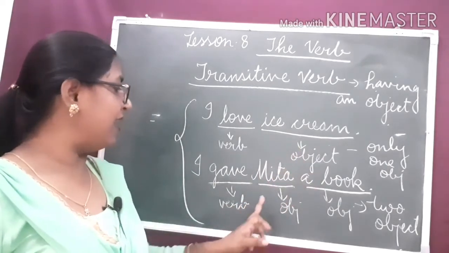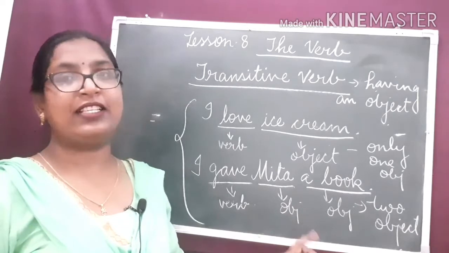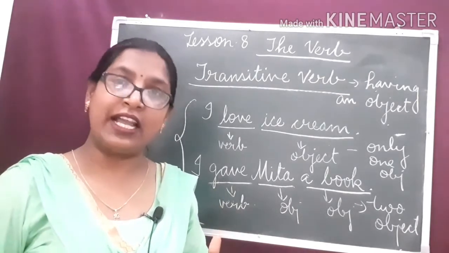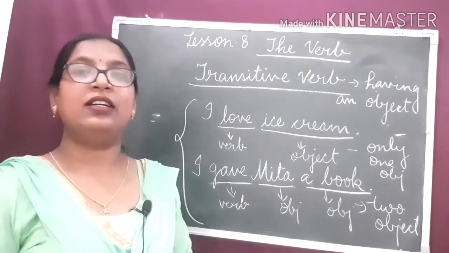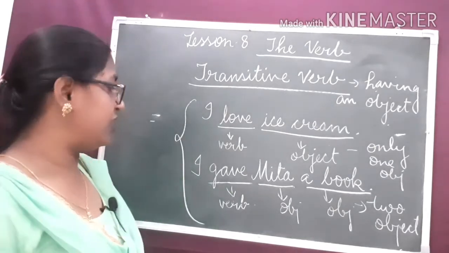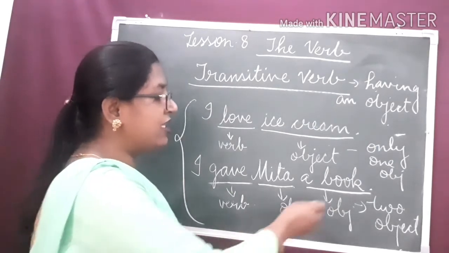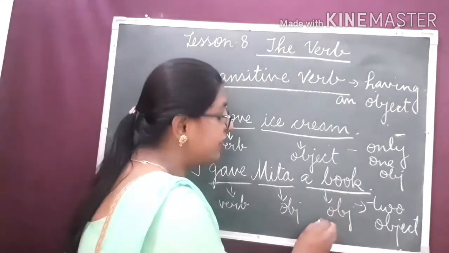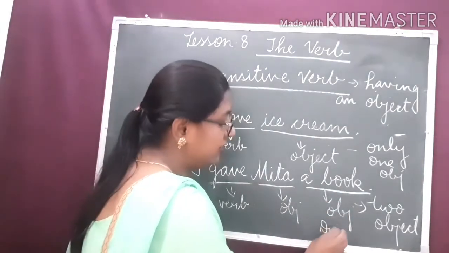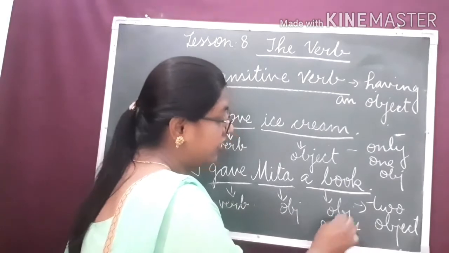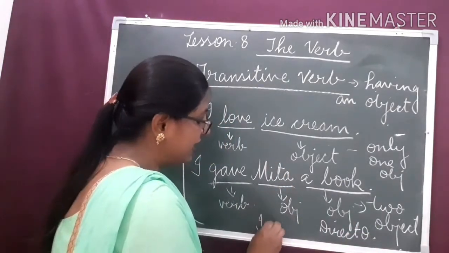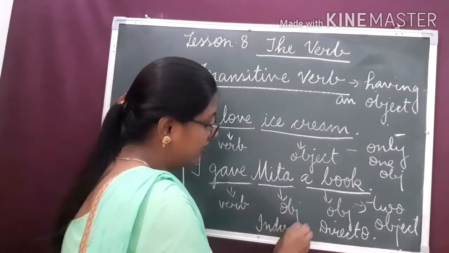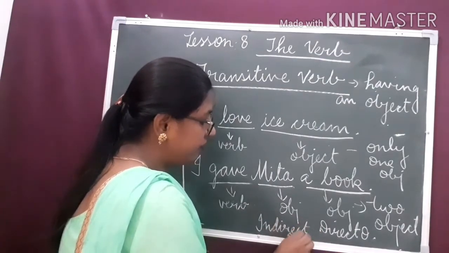And when there are two objects, one object is the direct object and another one is the indirect object. And usually the answer of what is the direct object. A book is the direct object and Meeta is an indirect object.